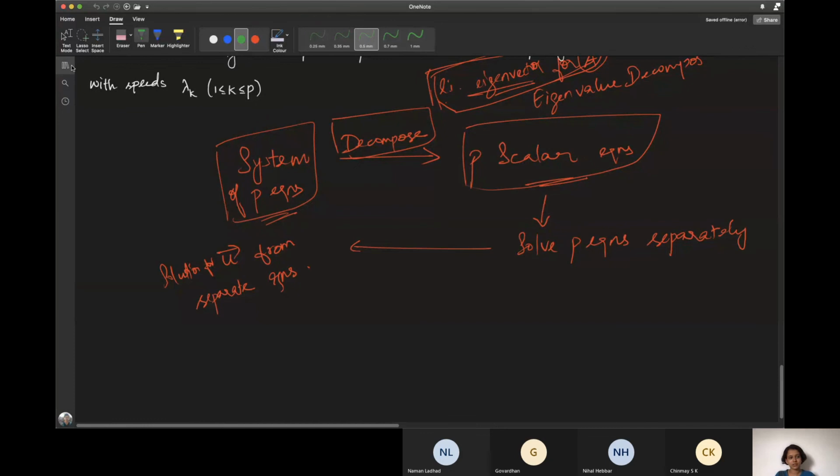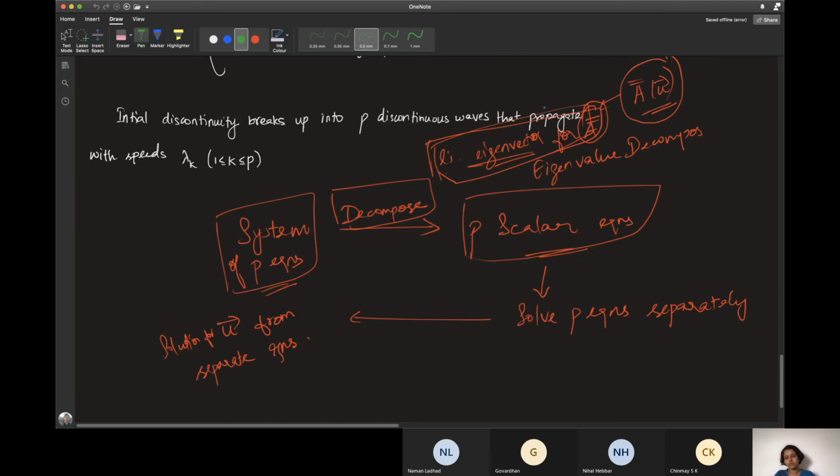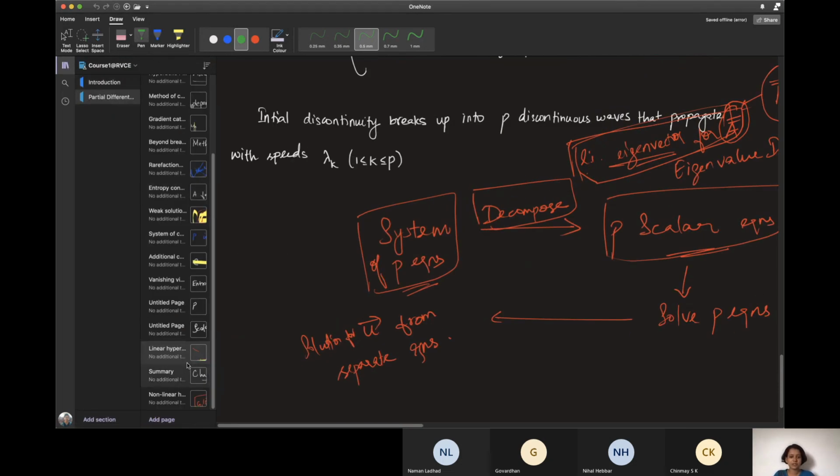That is, we moved from a coupled system to a decoupled system through some properties of the matrix. We converted that full matrix into a diagonal matrix based on some properties, and then we solved the decoupled system, and then we moved from those solutions to the solutions for the full system.